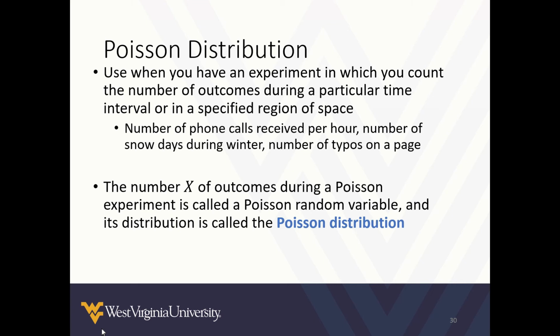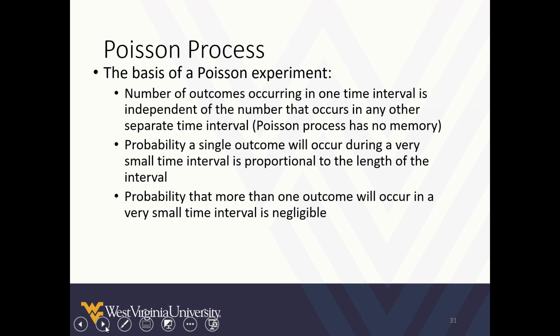So when you have an experiment in which you count the number of outcomes during a particular time interval or a specified region or space, we consider that to follow the Poisson distribution, such as the number of phone calls received per hour, number of snow days during the winter, or the number of typos on a single page. So we say that the number of X outcomes during a Poisson experiment is called a Poisson random variable, and then its distribution is the Poisson distribution.